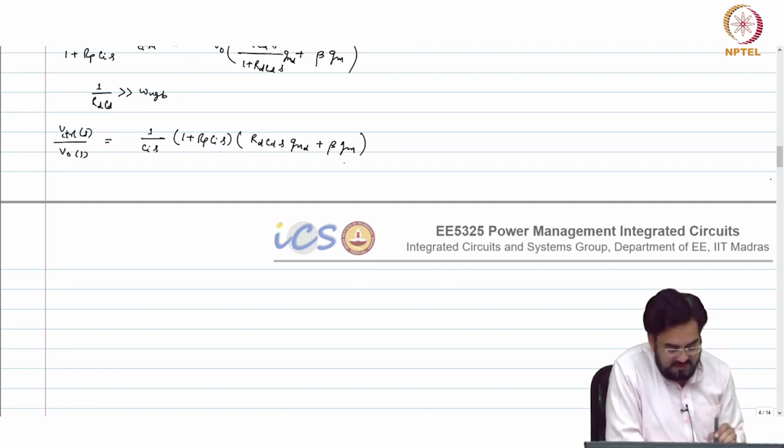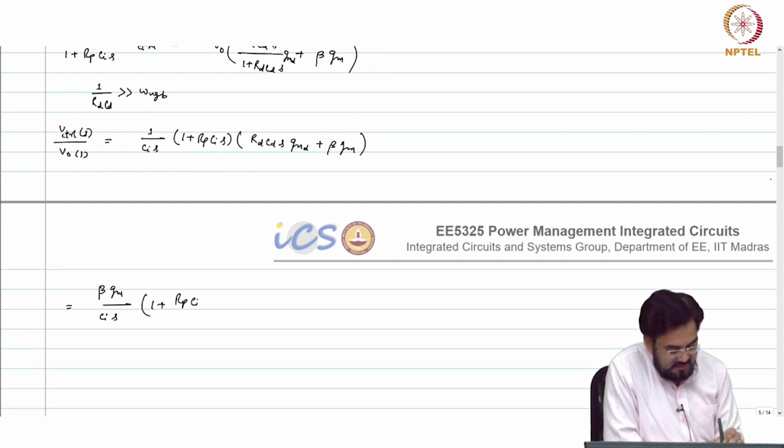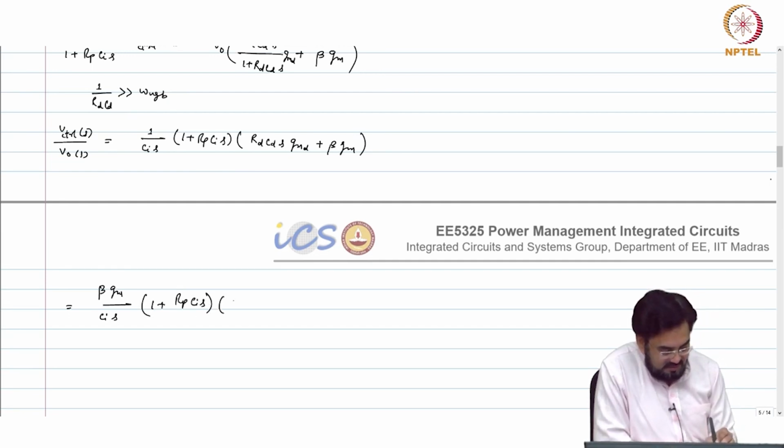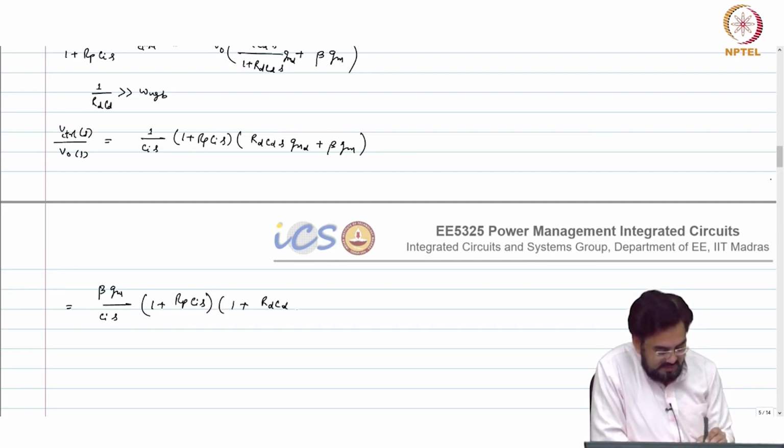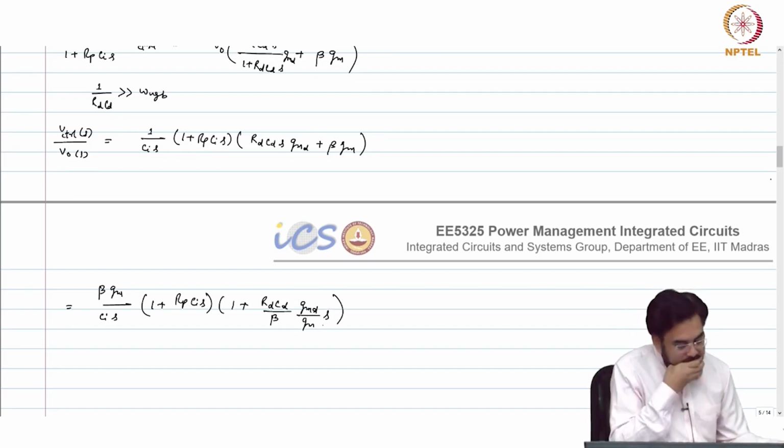And if I take a beta GM outside, so beta GM over CIS, 1 plus RP CIS into 1 plus RD CD over beta GMD over GM S. Correct?